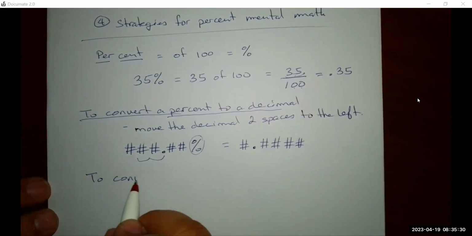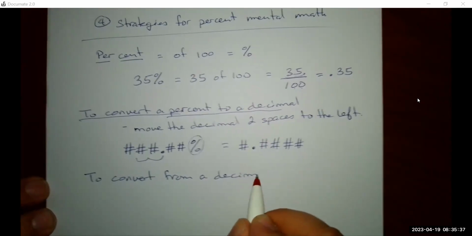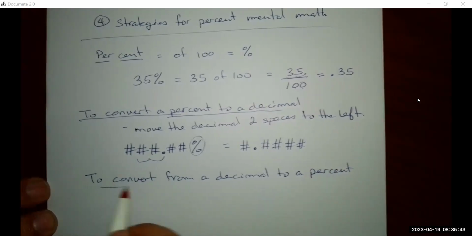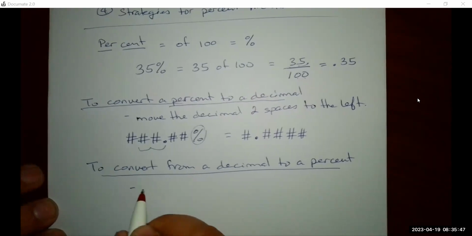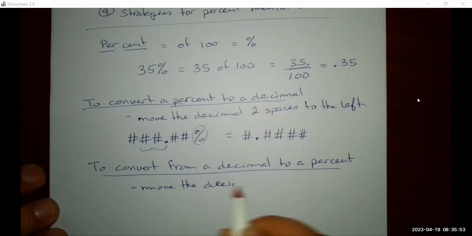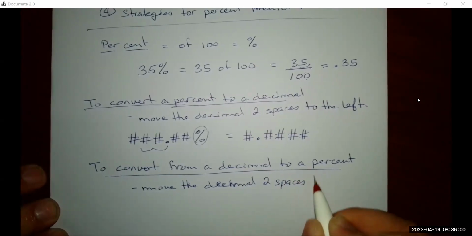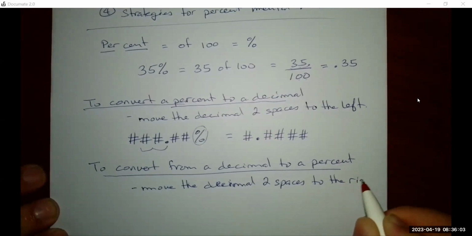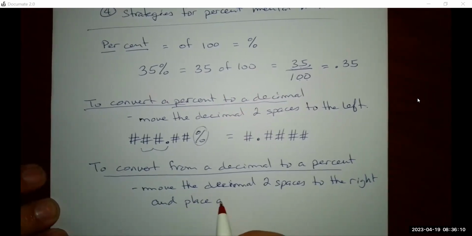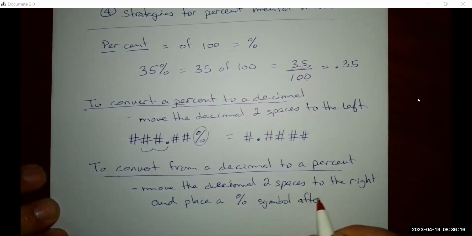So to convert from a decimal to a percent, move the decimal 2 spaces to the right, and place a percent symbol after the number.